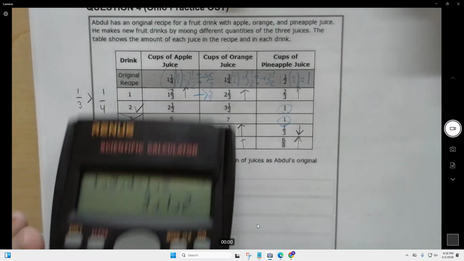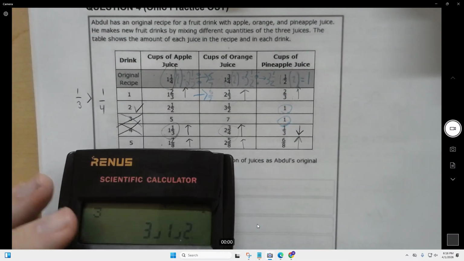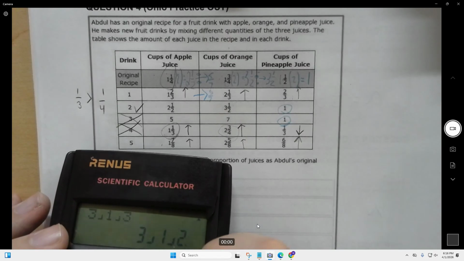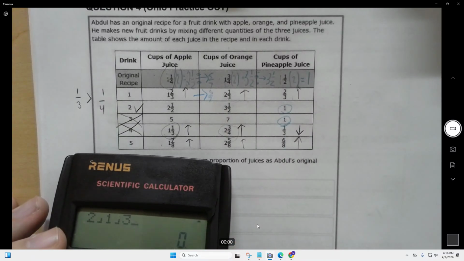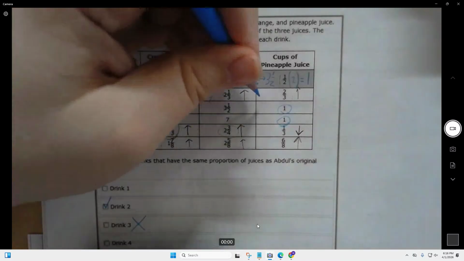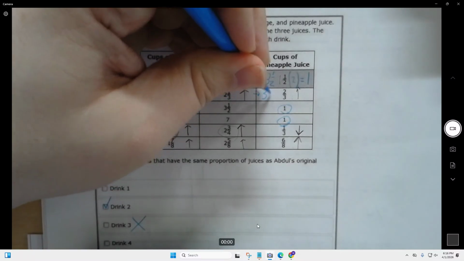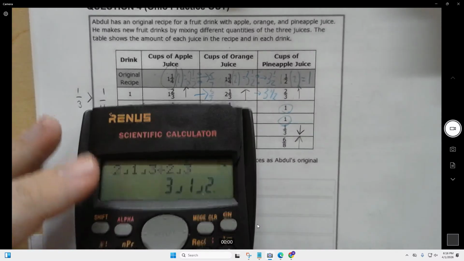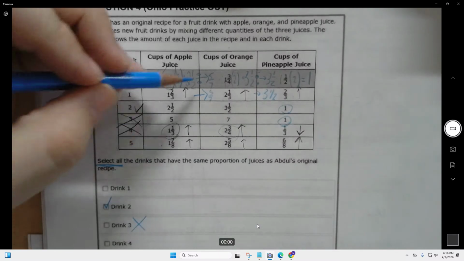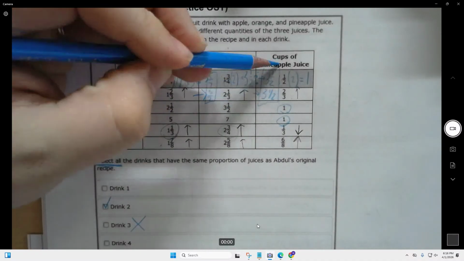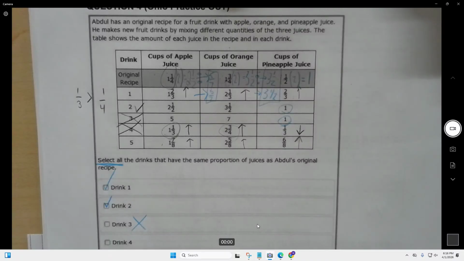Just like how in drink 1, 2 1/3 divided by 2/3 would make 3.5. So this has a ratio of 5/7. This has a ratio of 3.5. Therefore, drink 1 is fine.